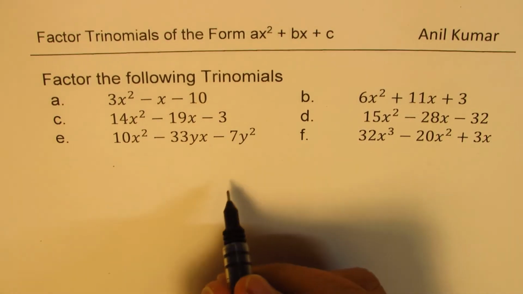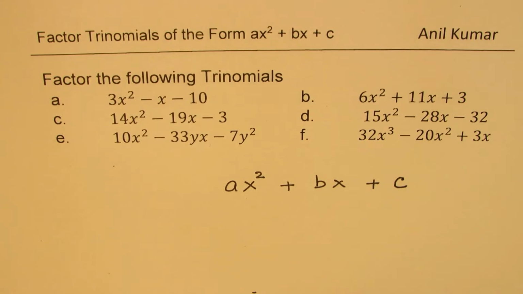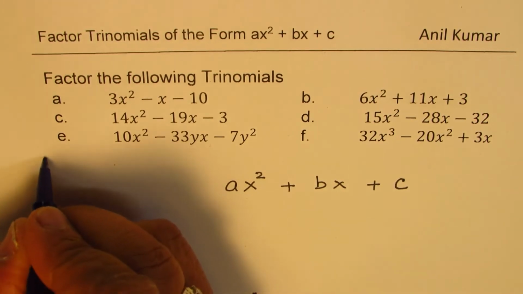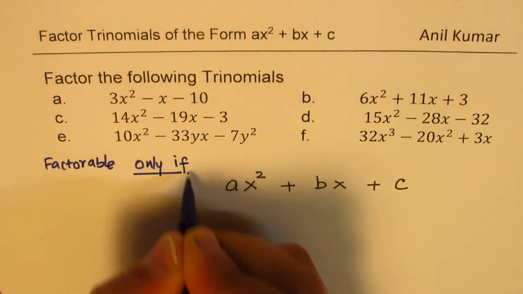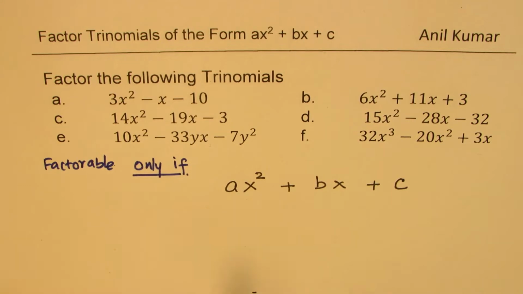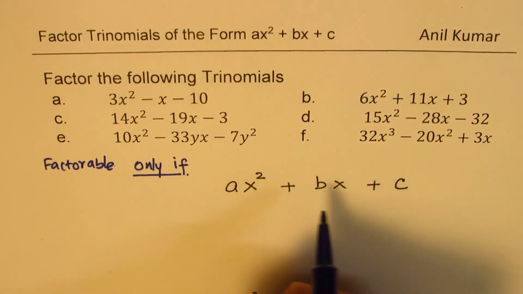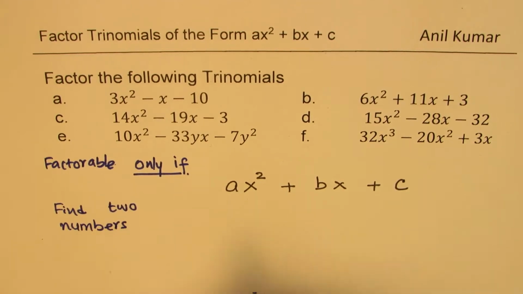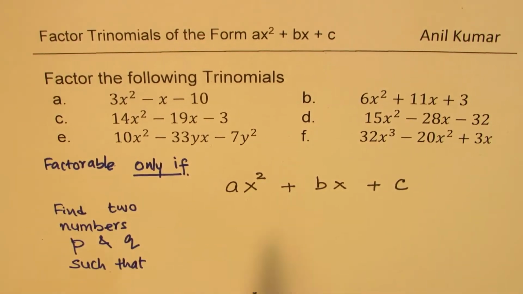Let us first talk about the concept. So if I have an equation which is ax squared plus bx plus c to be factored, then it can be factored only if, let me write down the condition here, factorable only if we have a combination, and that is we need to find two numbers p and q such that the product of these two numbers is same as product of a and c.